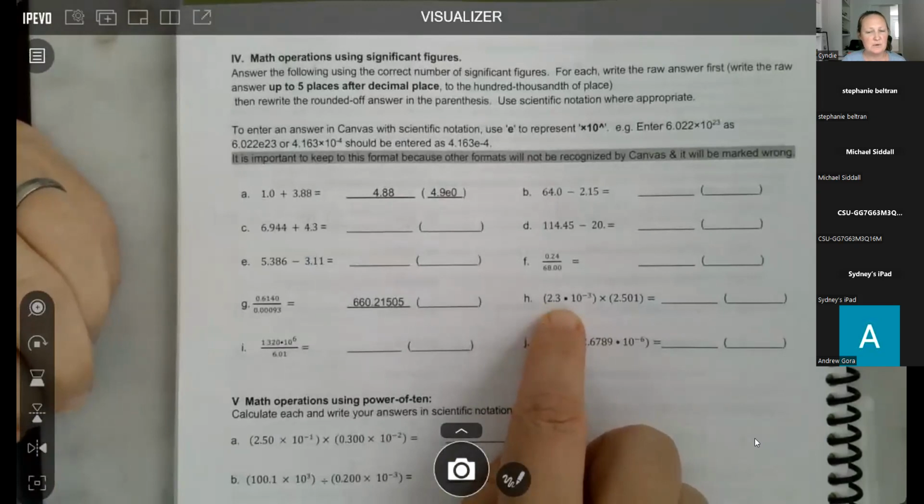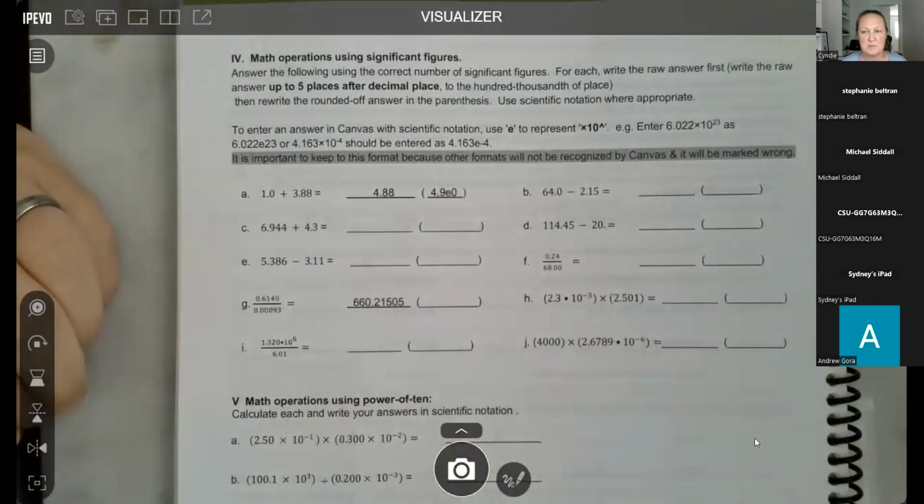So what I want you to do is try to do all of these problems with me and make sure you're getting the same numbers I'm getting. If for some reason you're plugging these numbers into your calculator and you can't get the same number I'm getting, then you're not using your calculator correctly. And what I would suggest you do is I can help you, or you can also just go to YouTube and look for a tutorial using your calculator.